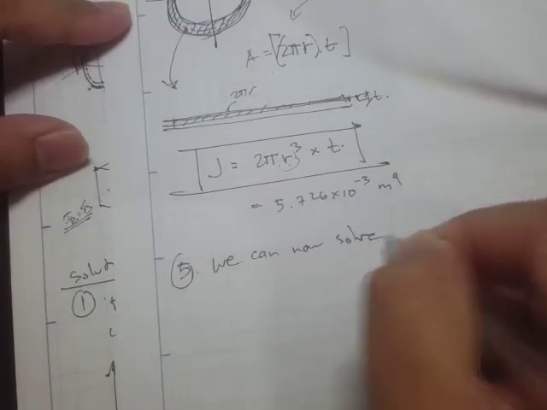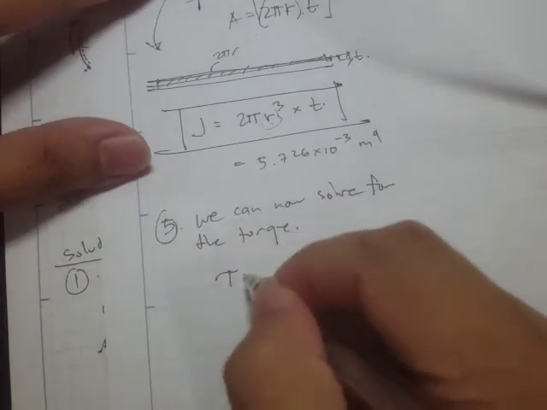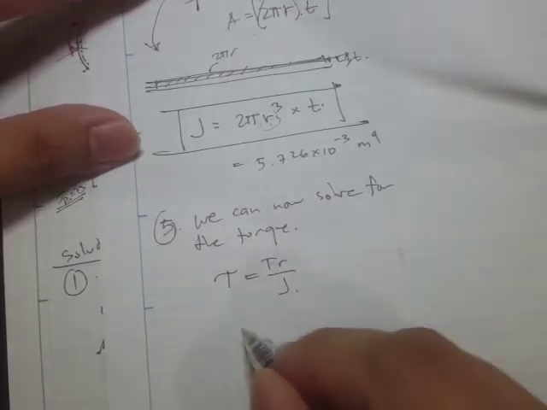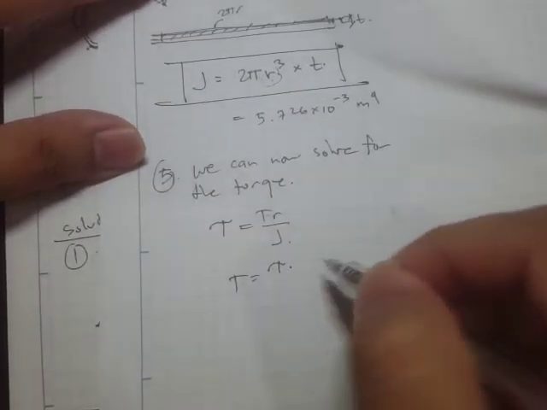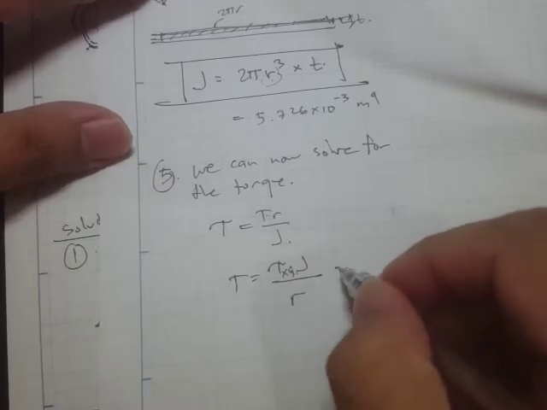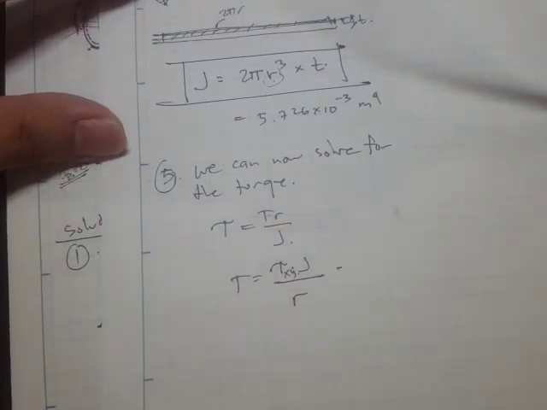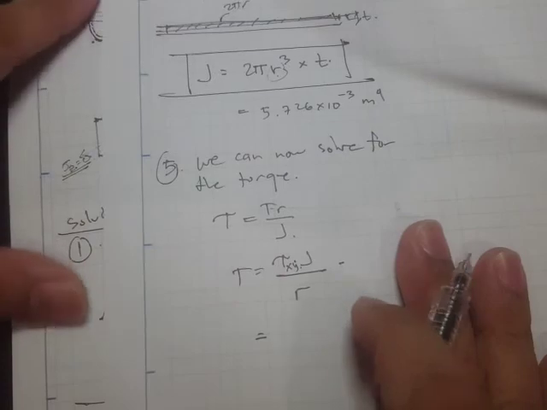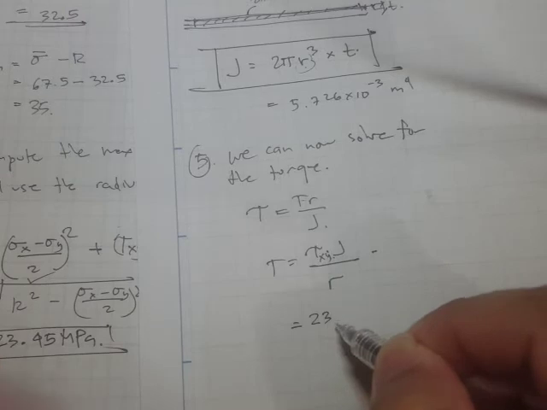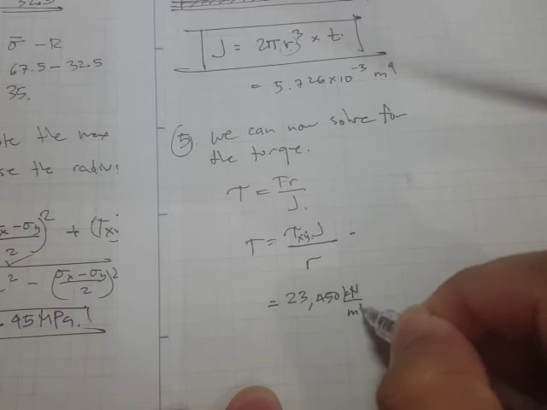Now that we have this, we can solve for the torque. And we are going to solve that using the torsional stress equation, which is Tr over J, and T is simply the shear stress times J, this is the shear xy, divided by r. So if we substitute all the values, the shear xy is 23,450 in terms of kilonewtons per meter squared.